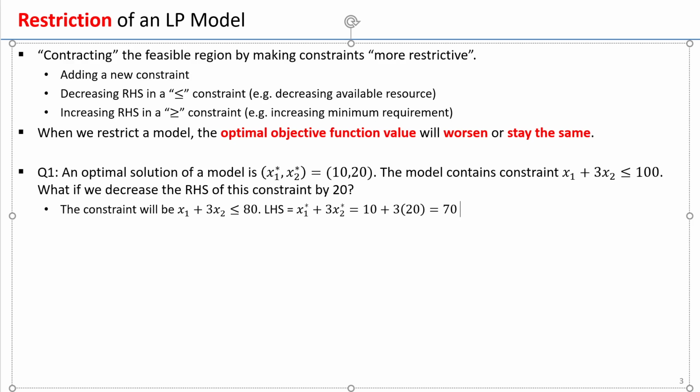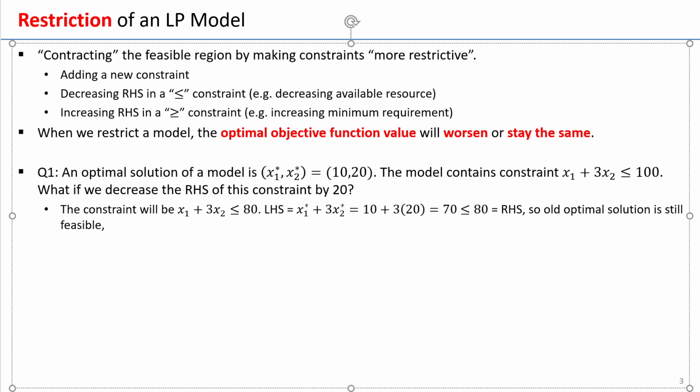And we check, is this still less than or equal to the right-hand side, which is 80? And it is, right? So the old optimal solution is still feasible.